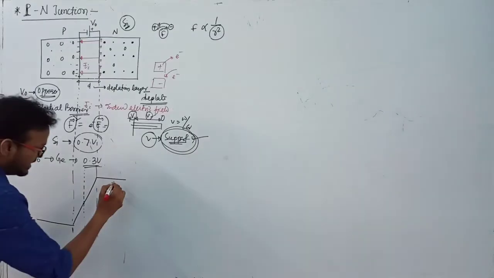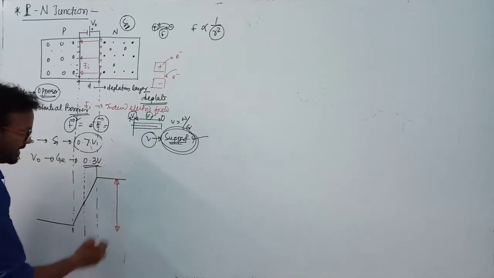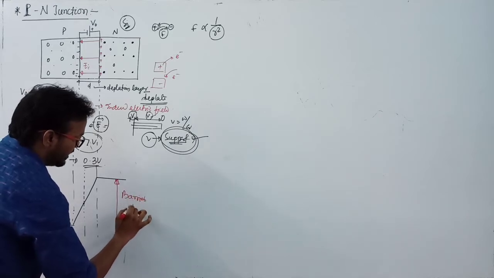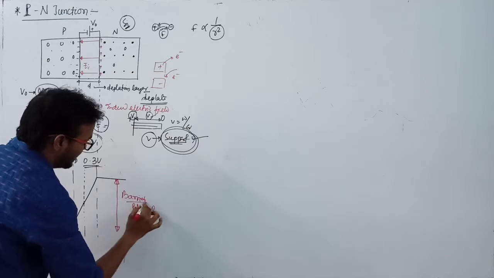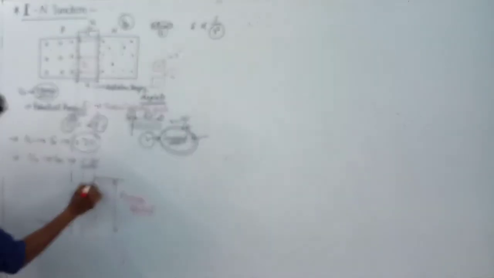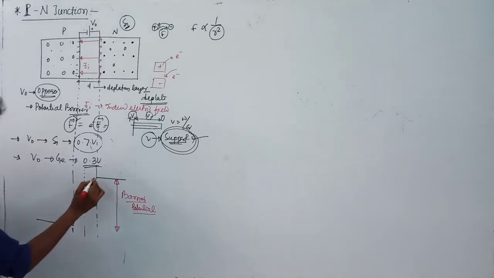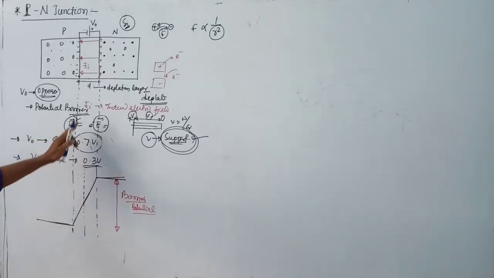Clear? This region is known as the depletion region or barrier potential, you can say. Clear? And it is represented like this graph. Here this is the barrier potential. Clear? So this is all about the PN junction.